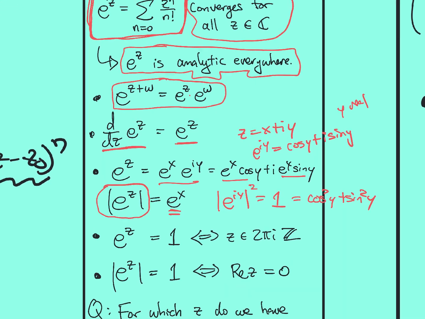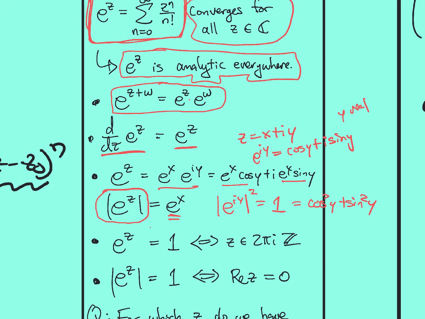Okay, what else can we say? Well, it's good to know the points where e to the z equals 1. How would we solve for that? Well, we'd have e to the x, e to the iy equals 1. For the modulus of this to be 1, e to the x has to be 1, and the only way that can be true is if x is 0.